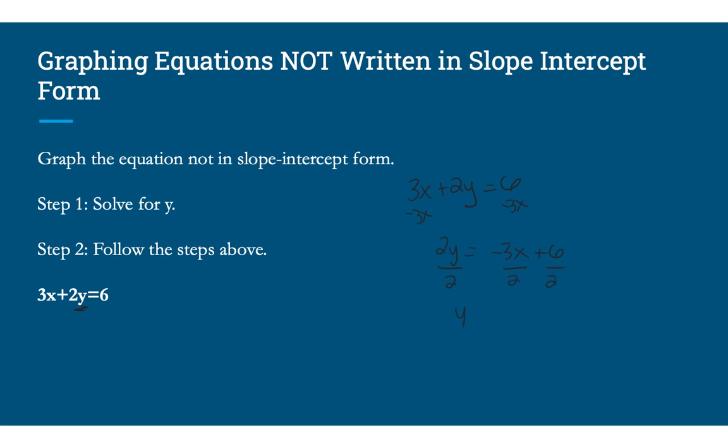This leaves me with y equals negative 3/2 x plus 3. So from here, I am able to graph my line with my y-intercept and my slope. So on your homework, you will be asked to do this together on a graph, and just in notes, you don't need to do that.